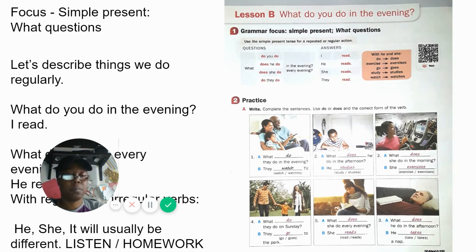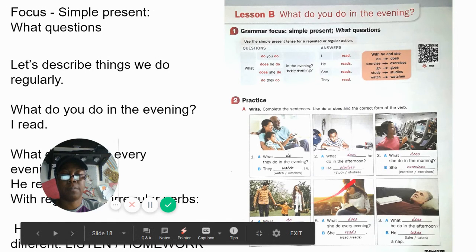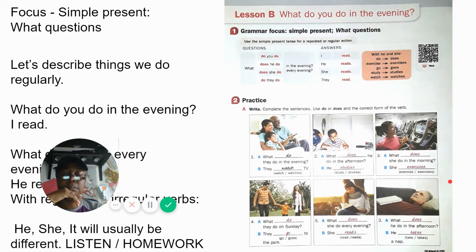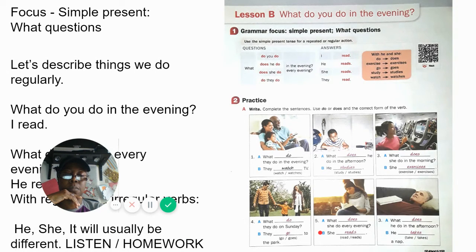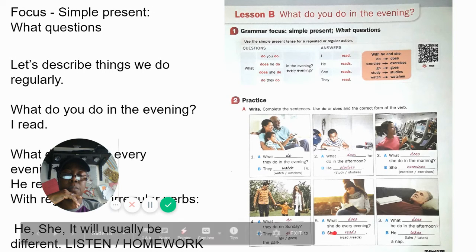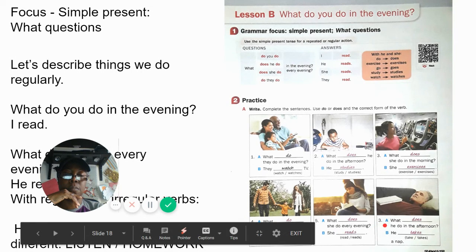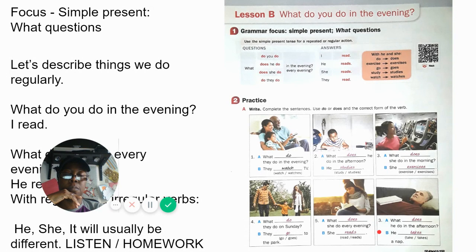What do they do on Sunday? They go to the park. 5. What does she do every evening? She reads. 6. What does he do in the afternoon? He takes a nap.